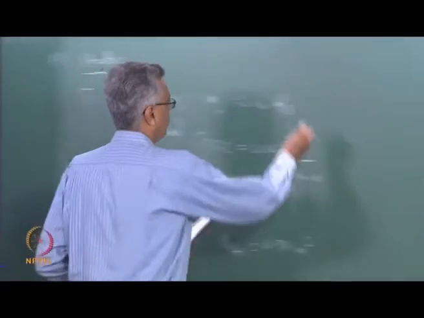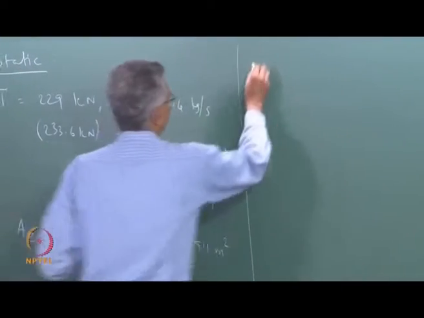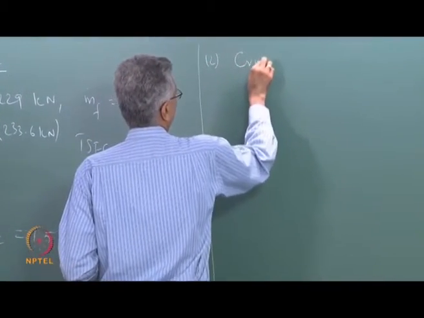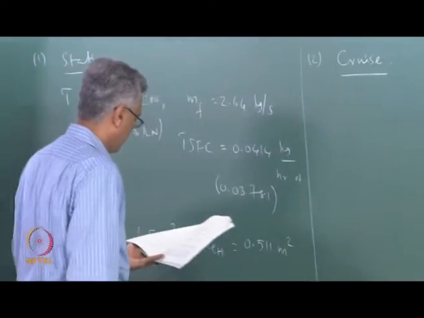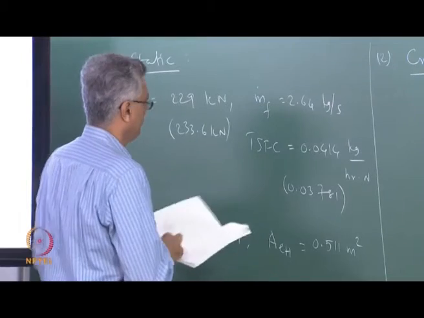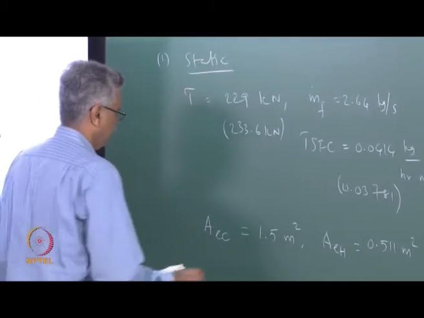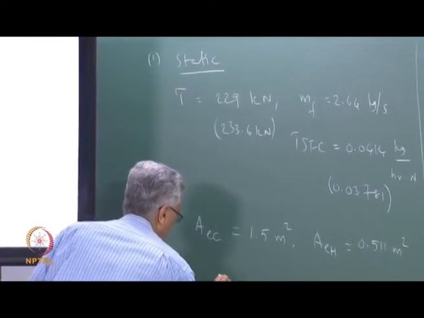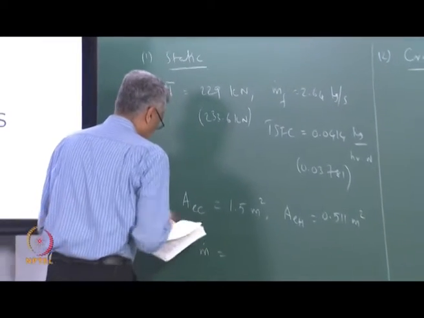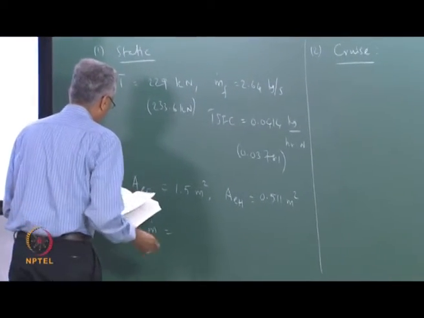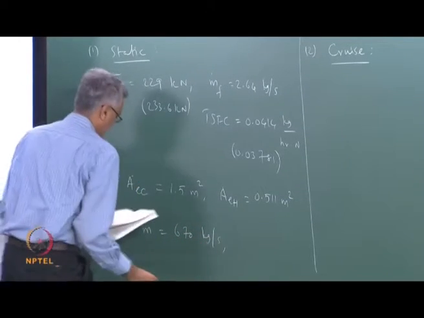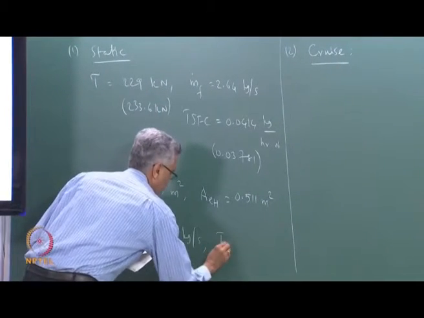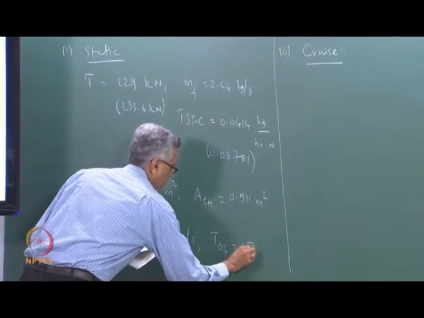Then we moved on to cruise conditions. For the cruise condition, let me also add one more thing here. We assumed the mass flow rate for this case, which was given to be 670 kilogram per second, and the turbine entry temperature was given to be 1500 Kelvin.